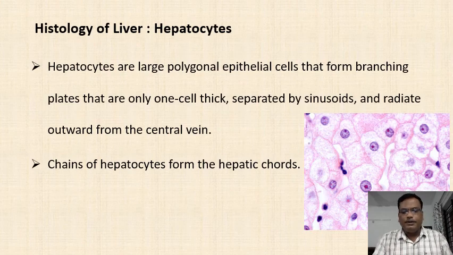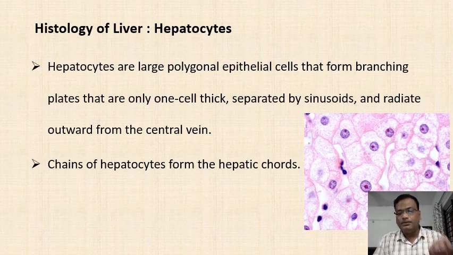Now hepatocytes. We already discussed hepatocytes. Hepatocytes are large polygonal epithelial cells that form branching plates that are only one cell thick, separated by sinusoids and radiate outward from the central vein. I already told you hepatic cells join together to form a hepatic cord, and these hepatic cords extend from the center.